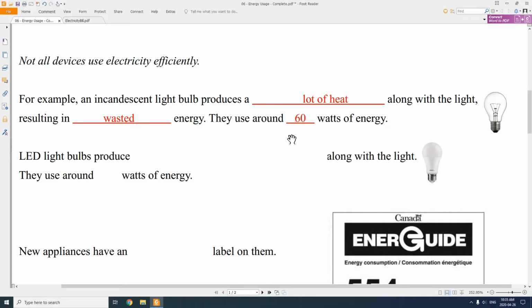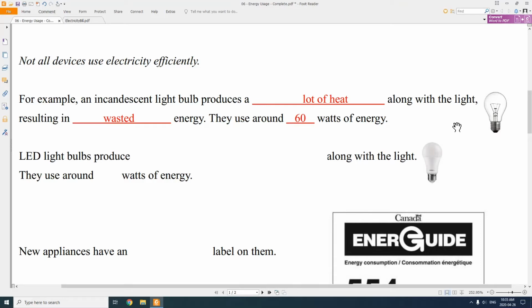Light bulbs are usually maybe a 60-watt light bulb, right? Watt is the amount of energy it's using. So if you put your hand near one of those light bulbs, don't touch it. It's quite hot, right? What's happening in those light bulbs is the electrons are going through that little filament of metal, and they're heating it up, and that's what makes light. But the problem is it also creates a bunch of heat, which is wasted energy.